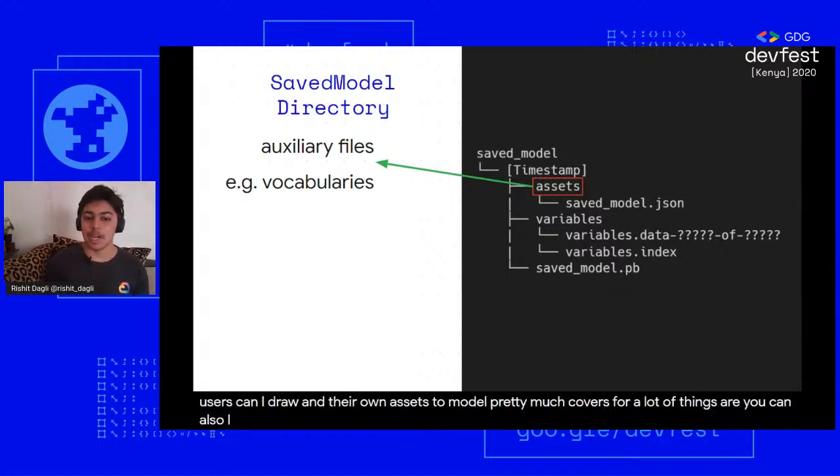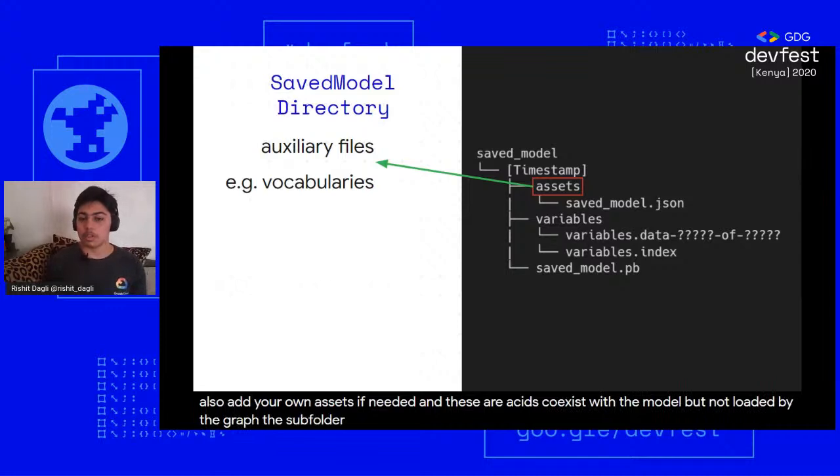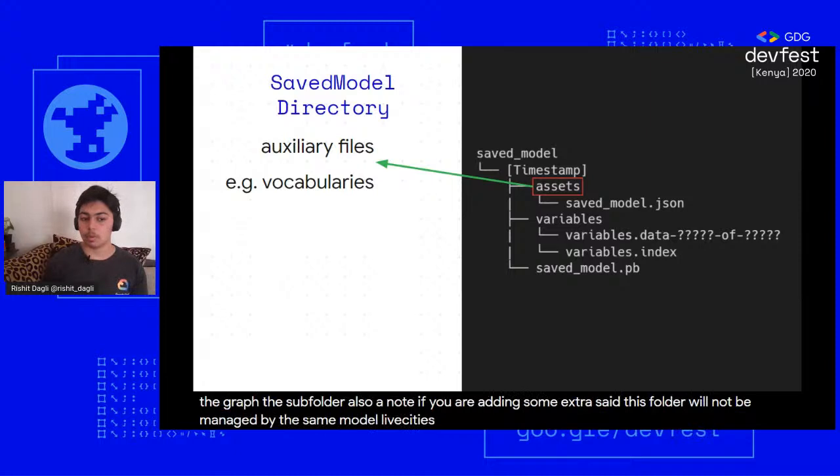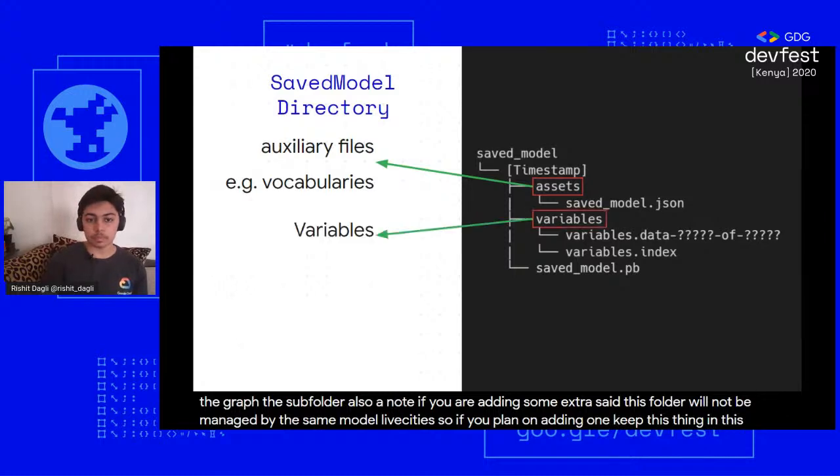You can also add your own assets if needed, and these assets coexist with the model, but are not loaded by the graph. Also a note, if you are adding some extra assets over here, this subfolder will not be managed by the SavedModel libraries. So yeah, if you plan on adding one, keep this as a note.